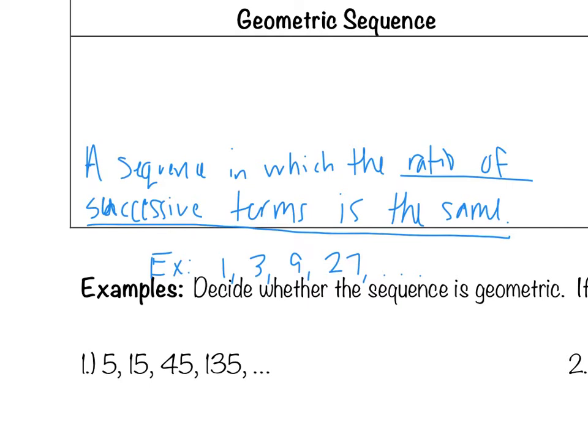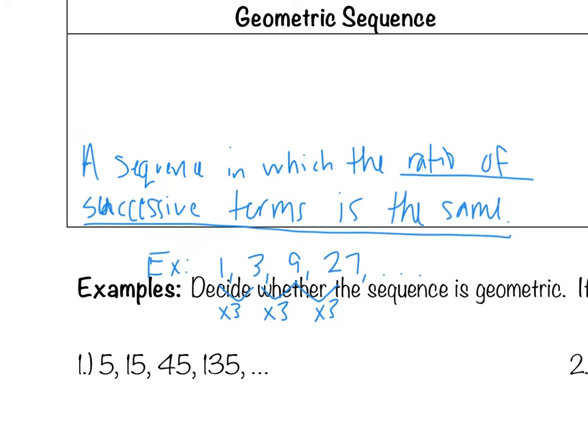But you could probably guess that going from one term to the next, things are being multiplied by the same number. This is what makes it geometric. And it could be divided by the same number too. So either one makes it geometric.